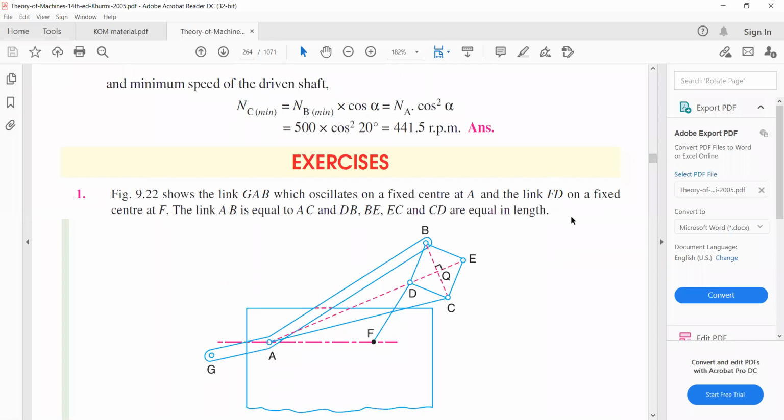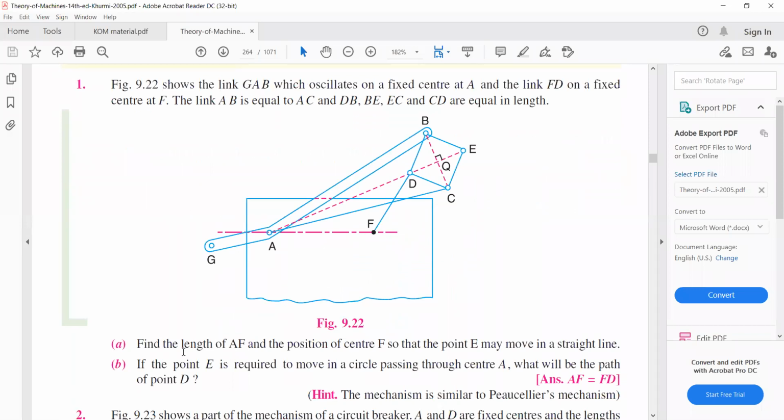Now you will make a problem regarding the Peaucellier motion mechanism. Observe the diagram. In this diagram, the link GAB oscillates on a fixed center at A, and the link FD on a fixed center at F. The link AB is equal to AC, and DB, BE, EC and CD are equal in length.